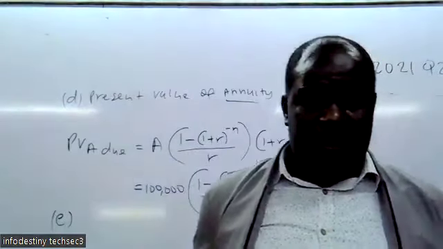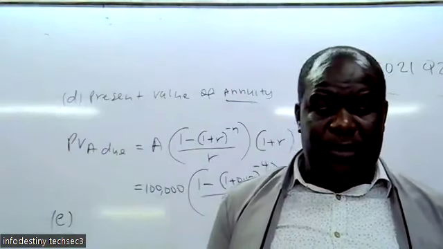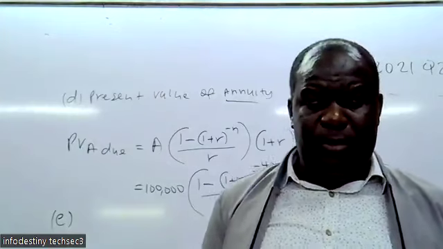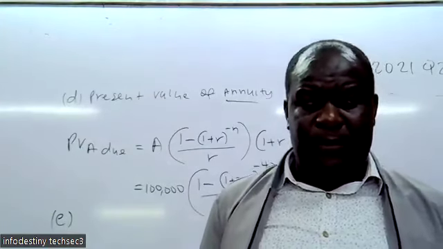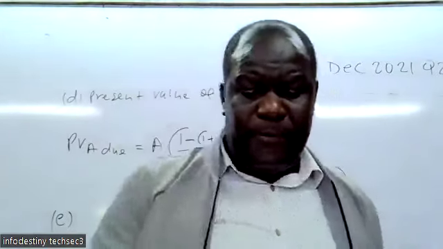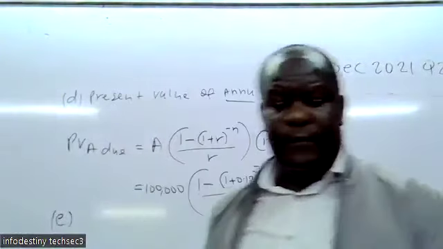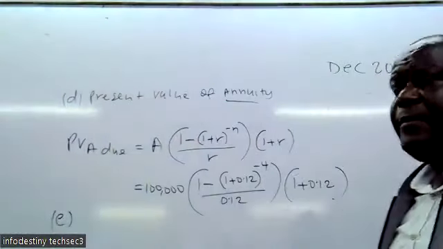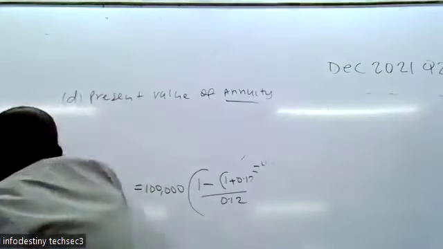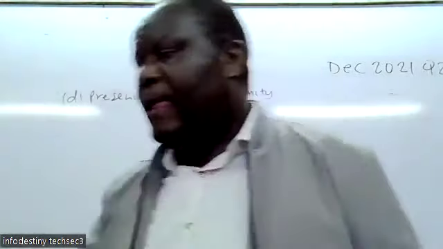Therefore, the present value of the annuity until infinity will be expressed as follows.